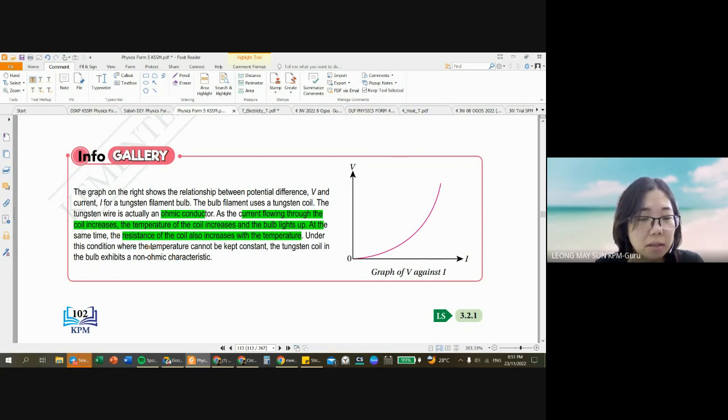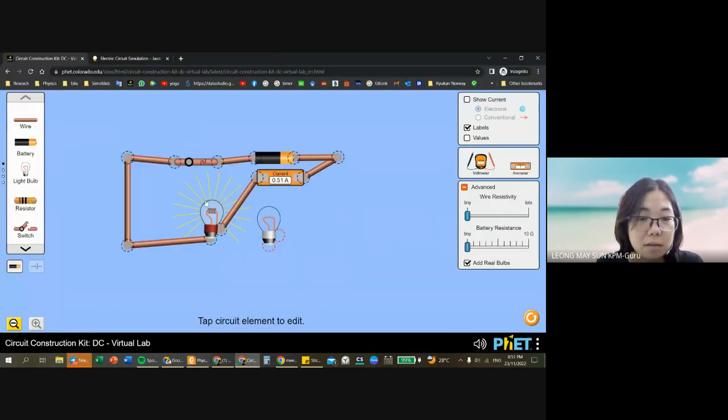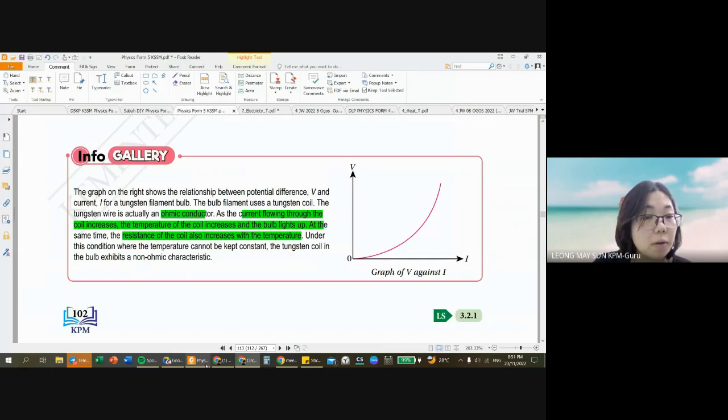So under this condition, when the temperature cannot be kept constant, the tungsten coil in the bulb exhibits a non-ohmic characteristic. Which means when it's heated up, it will cause the light bulb to be considered as a non-ohmic conductor. So that is for ohmic and non-ohmic.